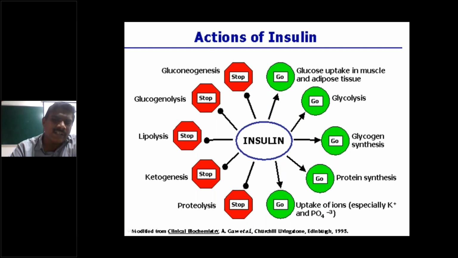Insulin stops gluconeogenesis, glycogenolysis, lipolysis, ketogenesis and proteolysis. Insulin facilitates the uptake of glucose in muscle and adipose tissue, glycolysis, glycogen synthesis, protein synthesis, lipogenesis and uptake of ions.